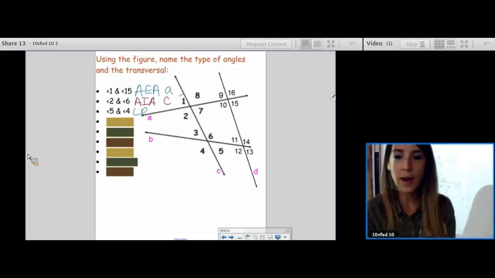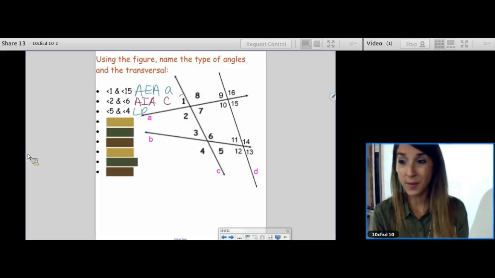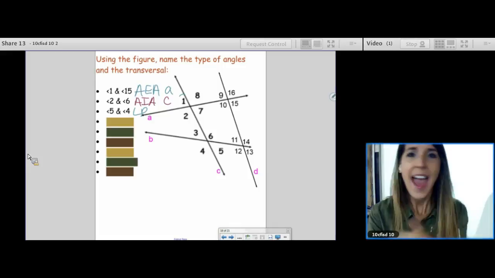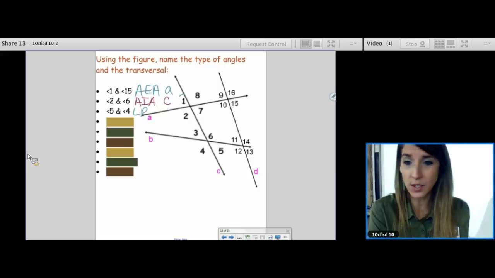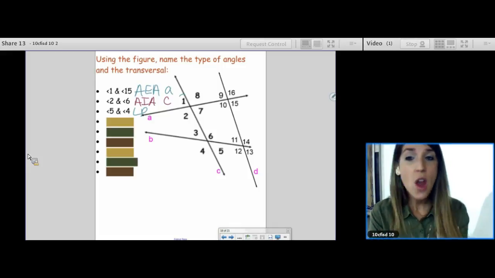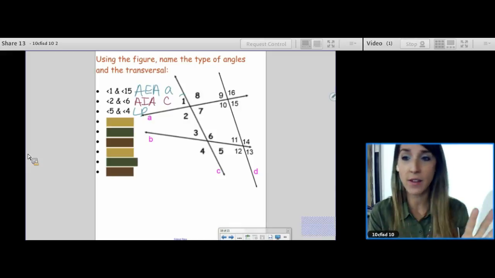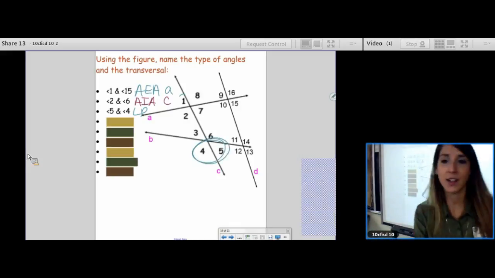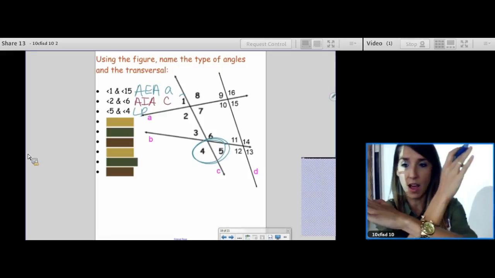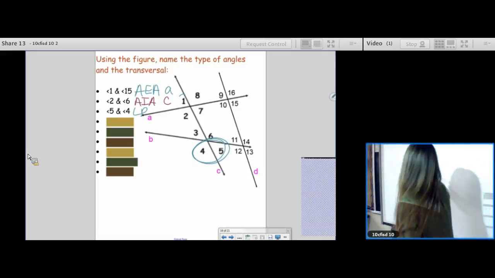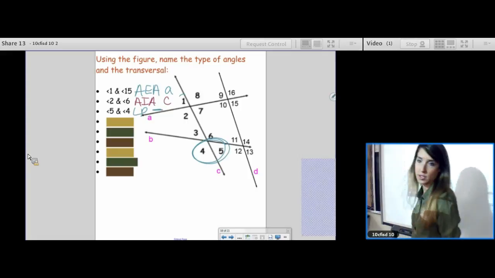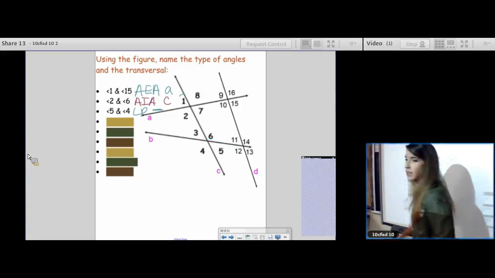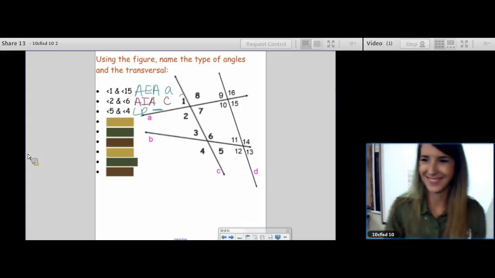And this is a trick question. What's the transversal? Well, last unit we had linear pair, and last unit there was no transversal. So there is no transversal for 5 and 4. To make these angles, I do not need a transversal. I just need intersecting lines. So you leave it blank. There is no transversal there. None. Nada. Nothing.